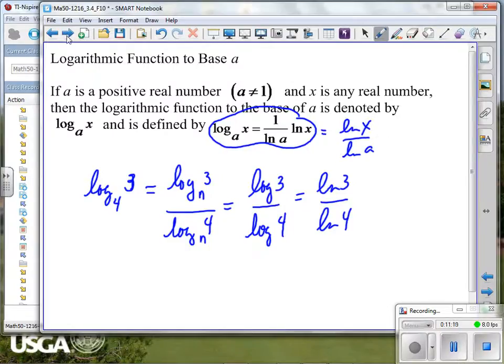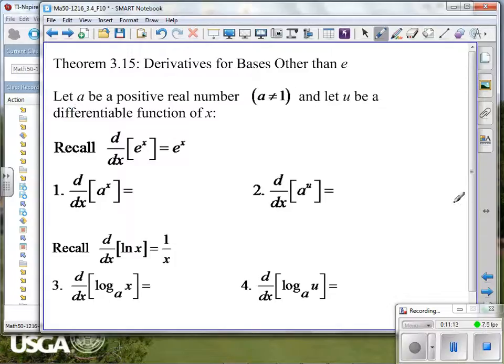Okay. Well, all of that is being said because we come up with this theorem. And on this theorem, a couple of things. One is, we already know this: the derivative of e to the x is e to the x. And we already know, because we've talked about it, that the derivative of natural log of x is 1 divided by x.